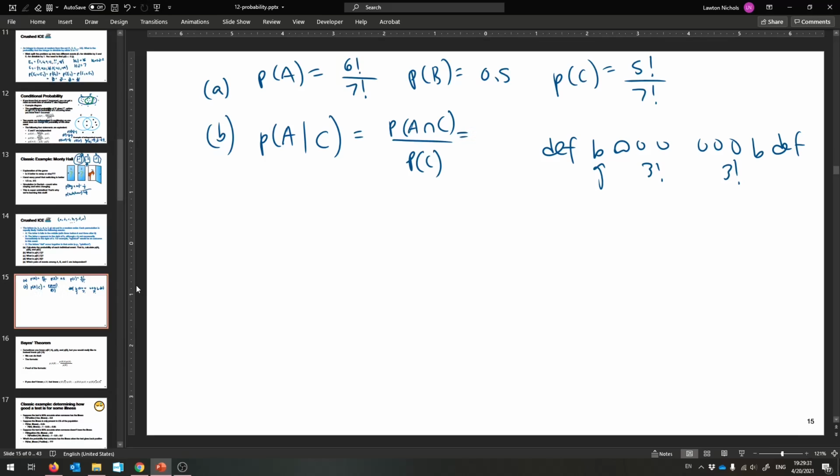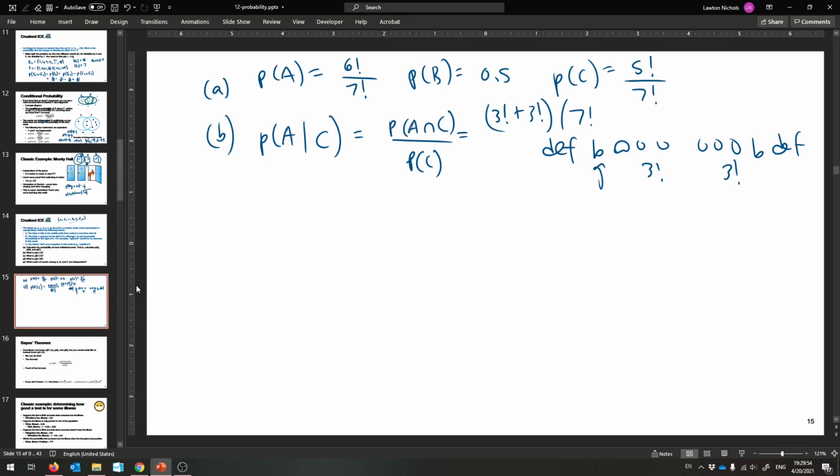So the answer for P of A intersect C is, well, how many ways can we do this? 3 factorial over 3 factorial, and that's going to be that over 7 factorial, right? That is total.